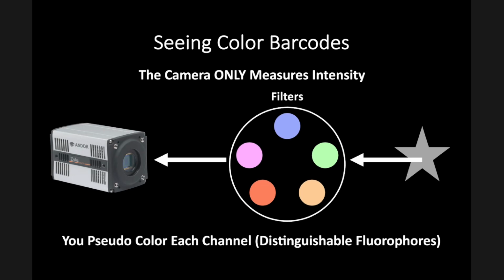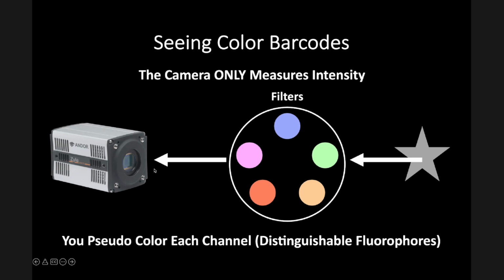And what I mean by that is ultimately you have some illumination that comes through from your sample. You spin a filter in front of it that gets the wavelength of color that you're interested in, and only lets that through. It doesn't let in any other wavelengths. And your camera just measures the intensity of that light coming through that filter, right?